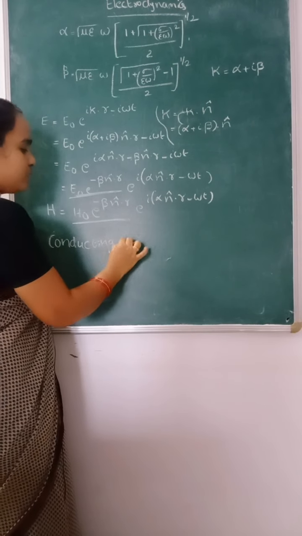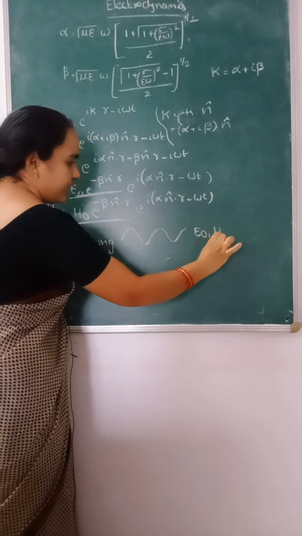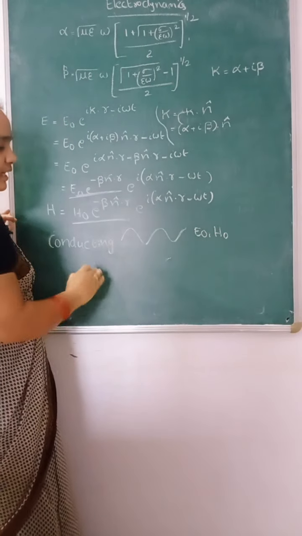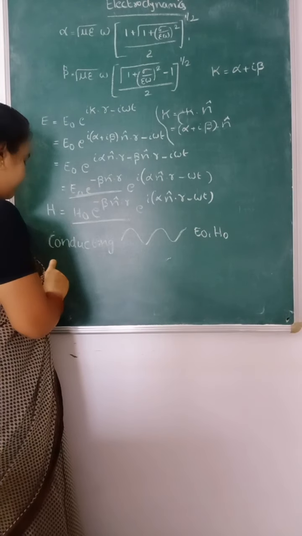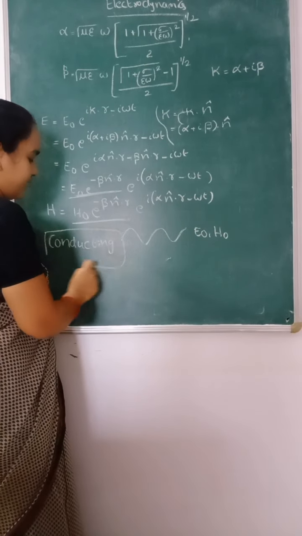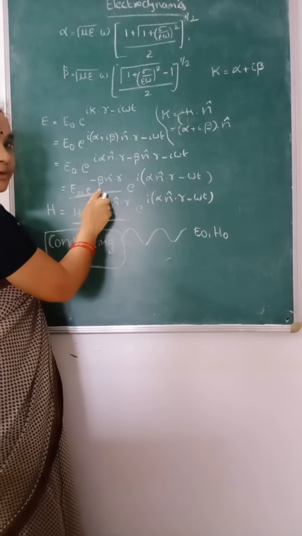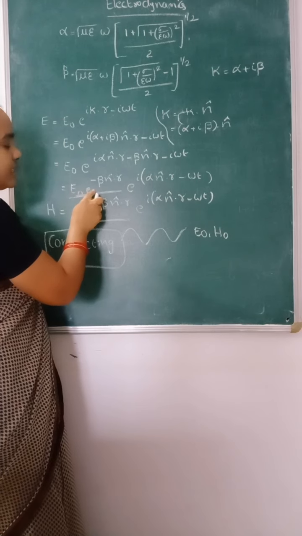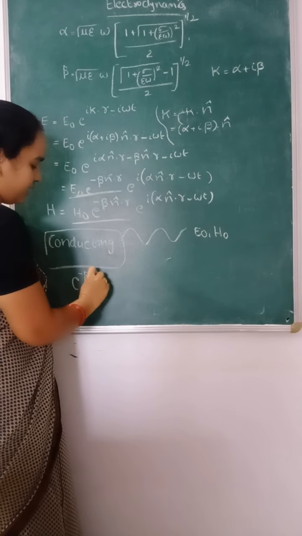Generally the amplitudes of the waves are E naught and H naught, but when this plane electromagnetic wave travels through conducting media, its amplitude decreases exponentially. The decreasing term is e power minus beta n dot r.